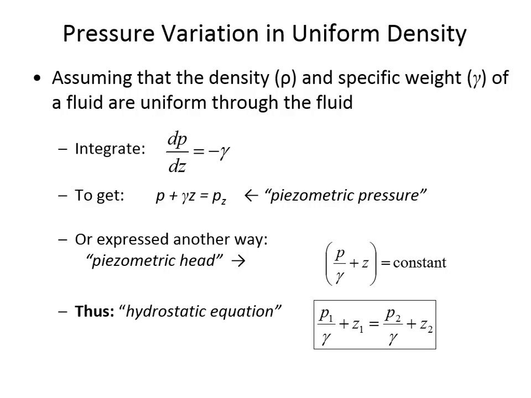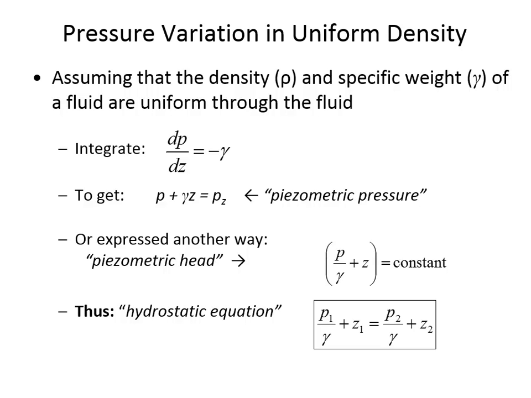Between 2 points, if we find the change in piezometric head, it's called the hydrostatic equation. So the hydrostatic equation says between point 1 and point 2, there's the same amount of piezometric pressure. It's just something being exchanged between the 2 points. Look at the sum of pressure divided by gamma plus Z1.